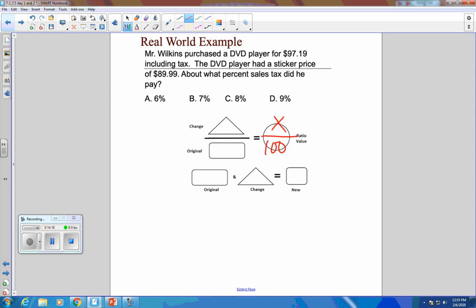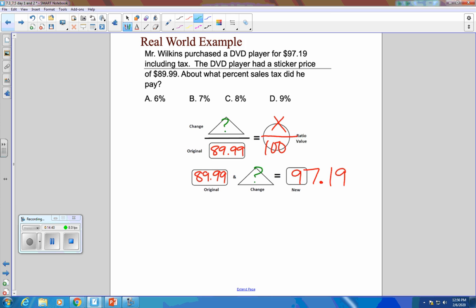So that number is actually going to be my new $97.19, because that's my total amount. Then the original was $89.99.